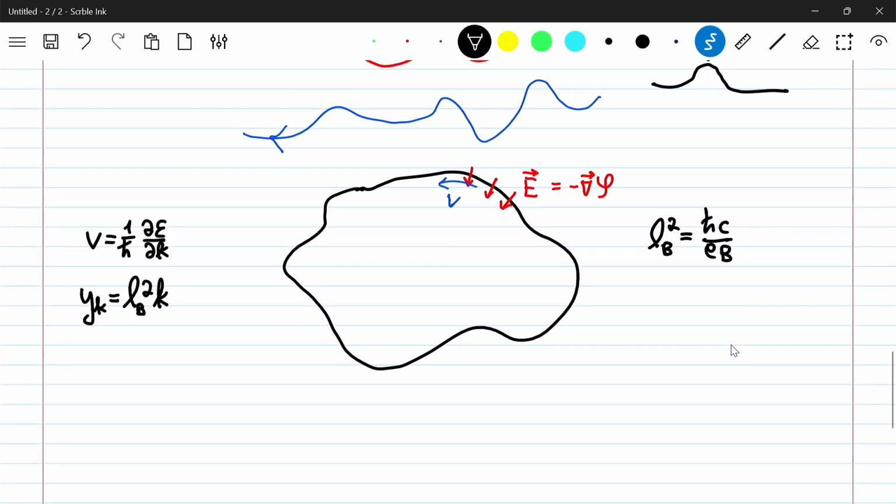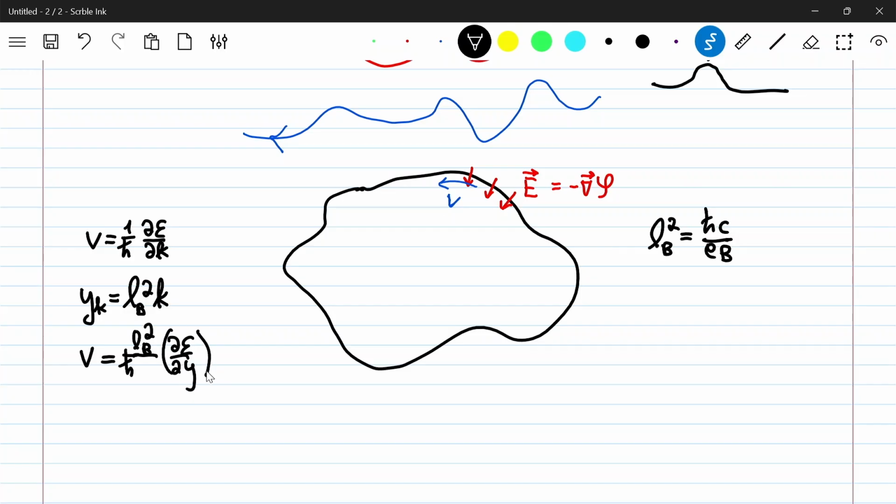So instead of writing the group velocity as a derivative of energy with respect to k, I can also write it in terms of a derivative with respect to y. So let's do it like this: LB square d epsilon dy.